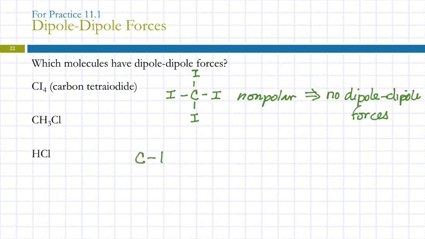CH3Cl. So if we draw the Lewis structure for this one, there'd be lone pairs around the chlorine. Is that molecule polar? Yeah, it is. There aren't any lone pairs on the central atom.